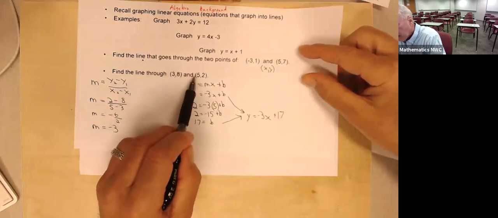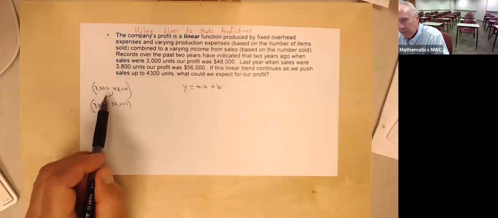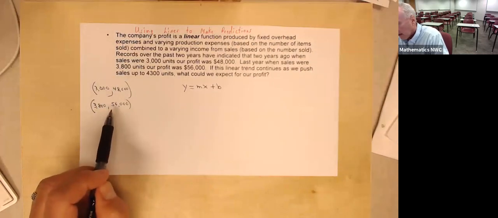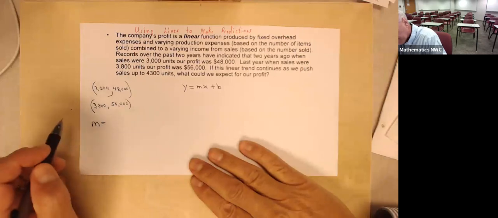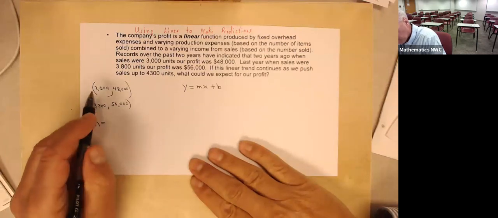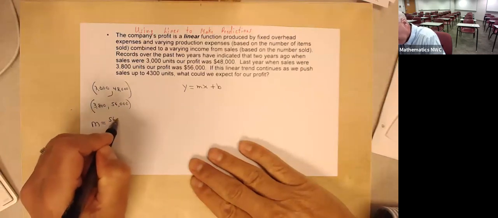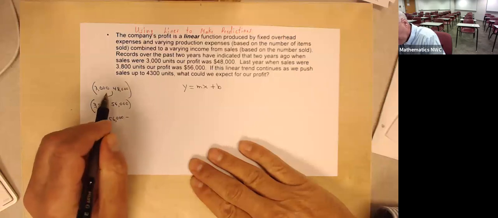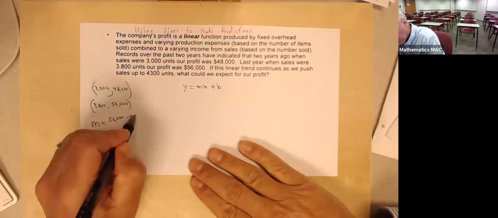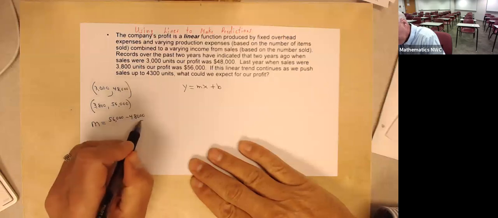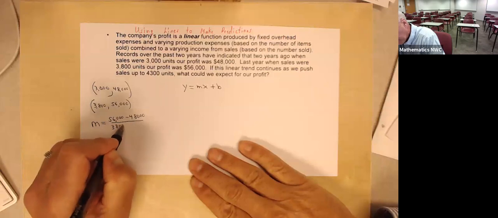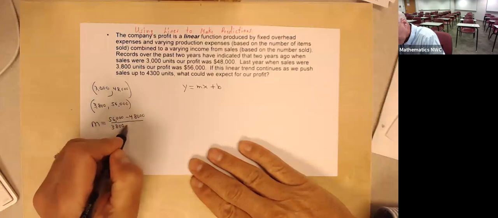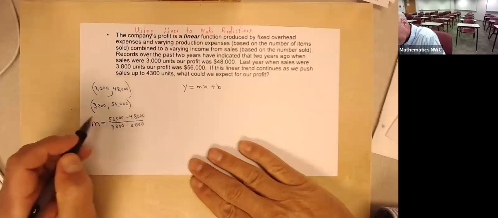These are nice, easy ordered pairs. My ordered pairs are a little more complicated, but it's technically the exact same procedure. So I'm going to find my slope. It's the second y, 56,000, minus the first y, 48,000, divided by the second x, 3,800, minus the first x, 3,000.